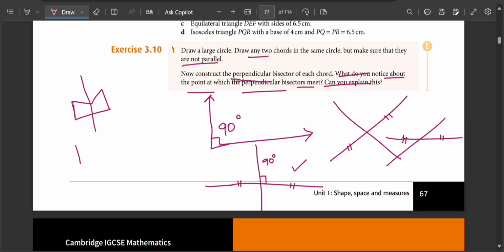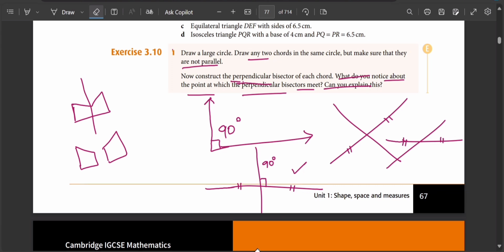So you will have two parts like this. One part will look like this and the other part will look like this, right? So this is how those two parts will look. What you did was you bisected them, but at the same time you also cut it in half.